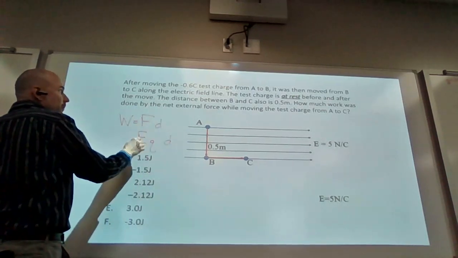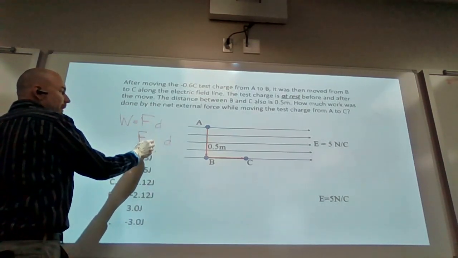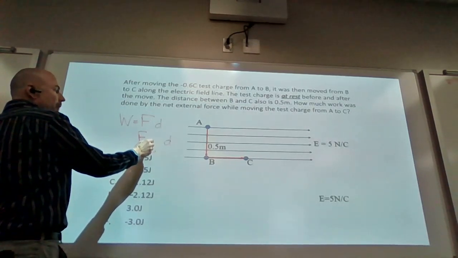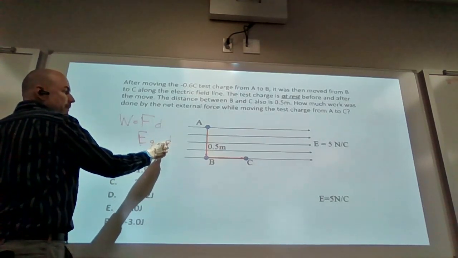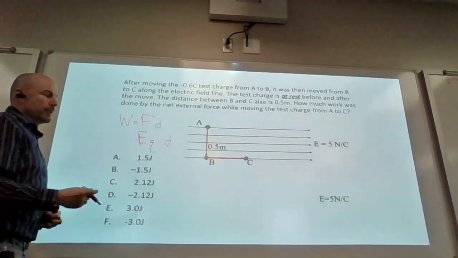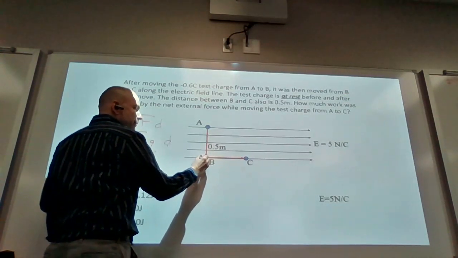Electric field 5 times charge 0.6 is 3, times distance of 0.5, so 1.5.